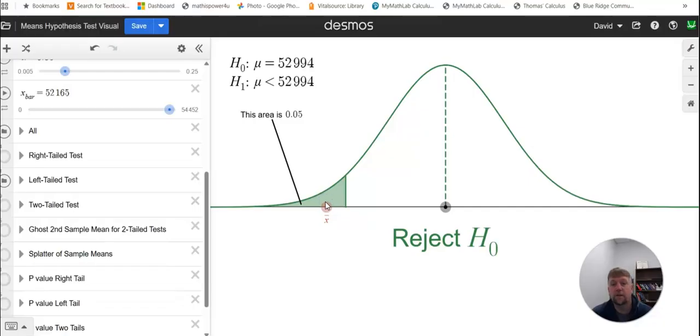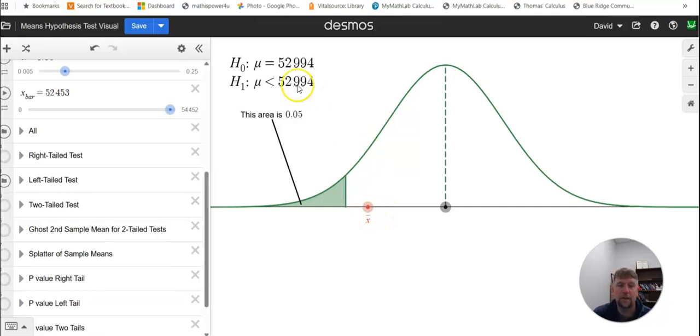But again, because of maybe a poor sample, or just because I get that CEO in there, I should be down here, but the CEO pulls me back out of that rejection region. Not necessarily all the way back to here, or even into the right tail, but just not far enough to reject it, just as long as I'm not in there. So now I should be in there because the mean is actually far below that, but I don't fall in there. And that's what we call a type 2 error.